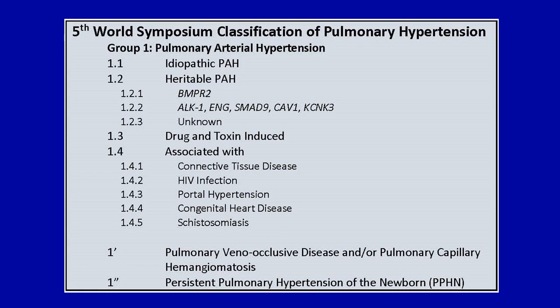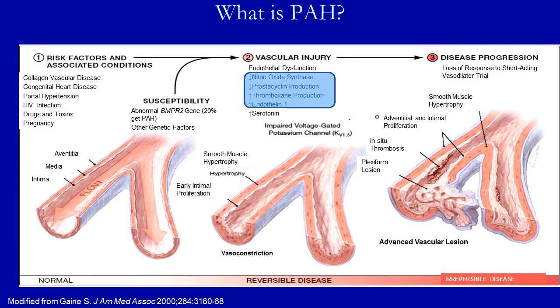So the next question then would be, how are we going to treat him? It's important to understand a bit of the pathophysiology and pathogenesis of the disease to understand how best to treat people.